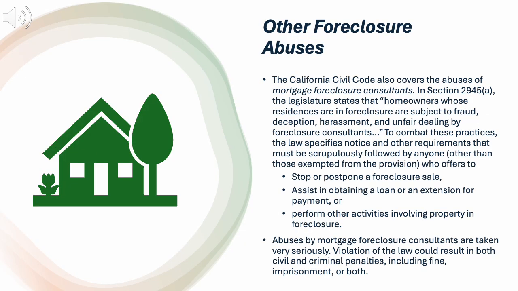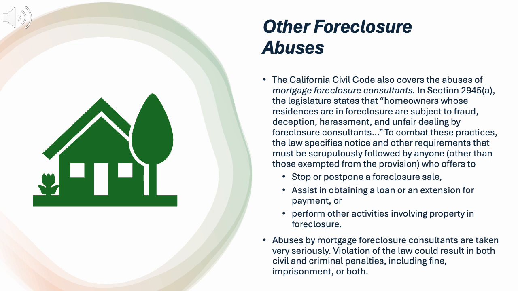Other foreclosure abuses. The California Civil Code also covers the abuses of mortgage foreclosure consultants. In Section 2945, the legislature states that homeowners whose residences are in foreclosure are subject to fraud, deception, harassment, and unfair dealing by foreclosure consultants.